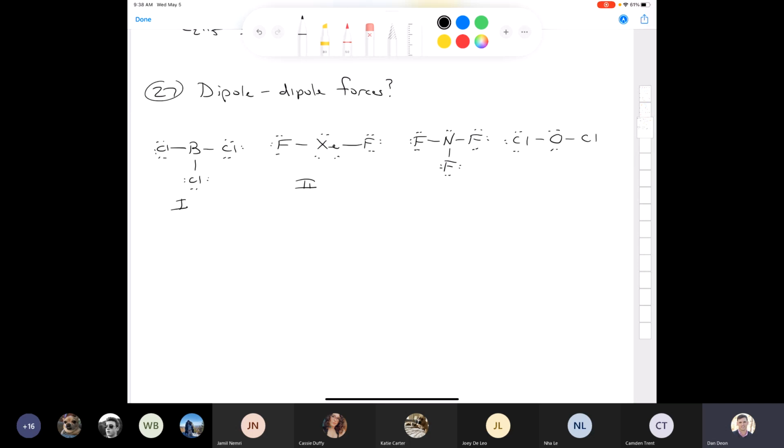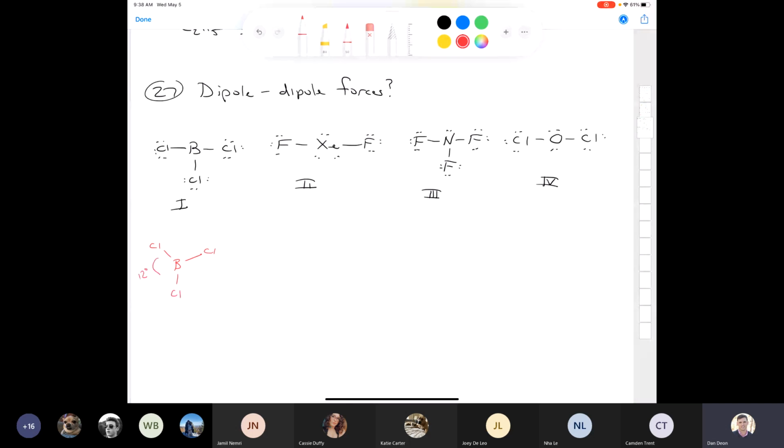Okay. So we've got some really nice covalent compounds here, number 3 and number 4. This is why we spent so much time in general chemistry looking at molecular geometries, didn't we? Well, if we look at the first one, boron trichloride, you should know that boron is going to be the central atom, of course, and that the chlorines are all going to get away from each other as far as possible.